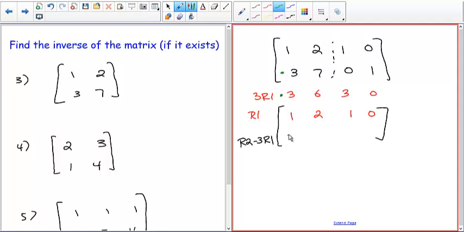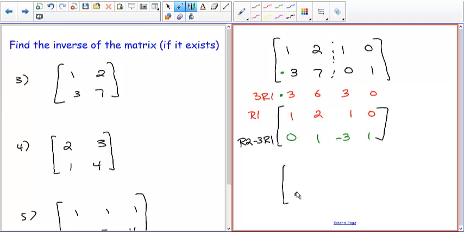So you see I get 0. 3 minus 3 is 0. 7 minus 6 is 1. 0 minus 3 is minus 3. And 1 minus 0 is 1. So I've got 0 here now. It turned out I got 1 here, so that's great. Just making life easy for us.